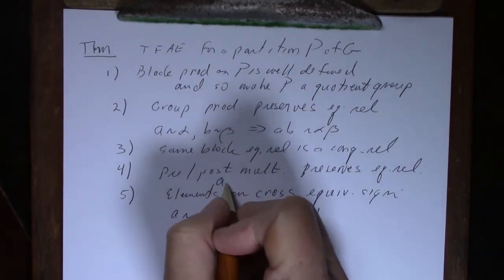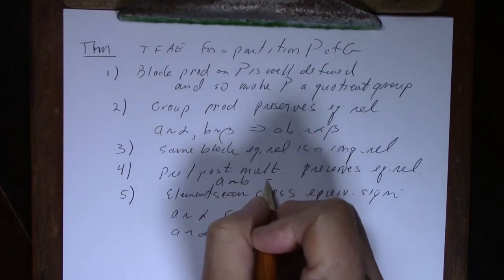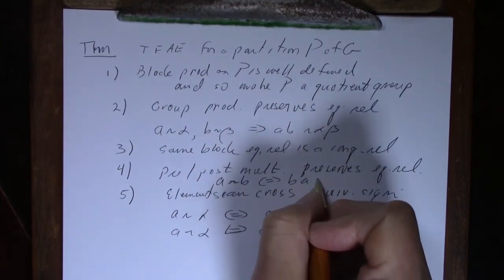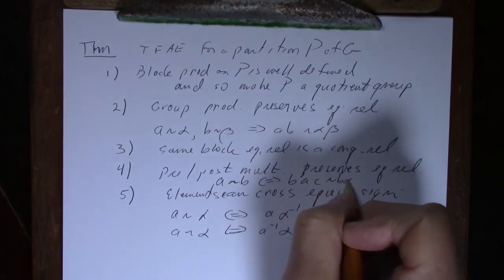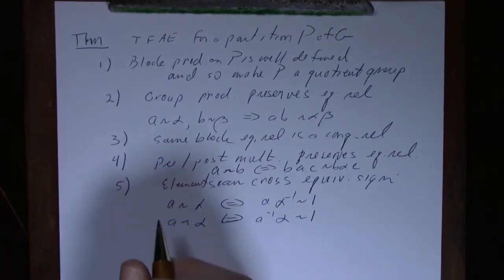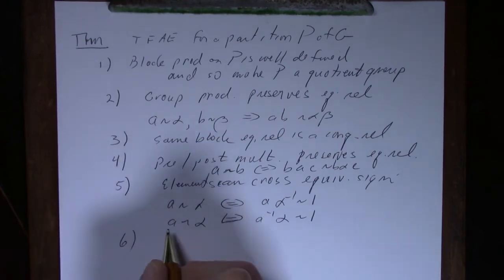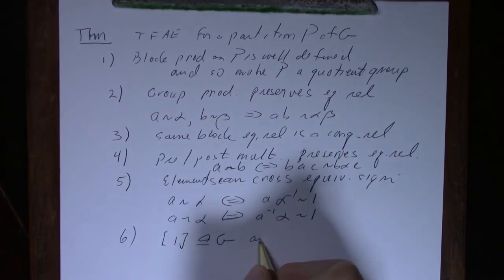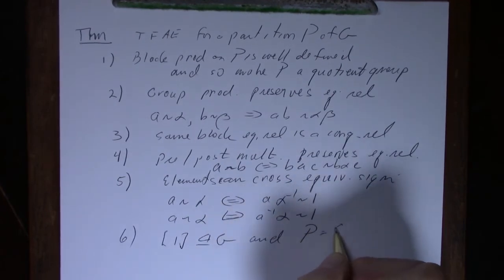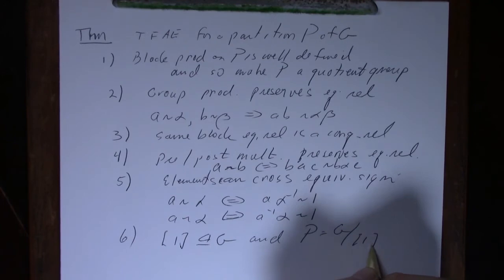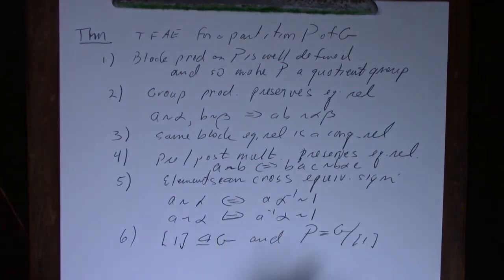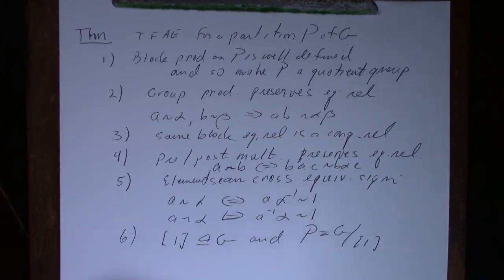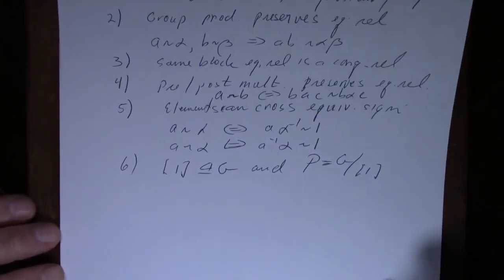This one is A equivalent to alpha if and only if BAC equivalent to B alpha C. And 6, the special block is normal in G, and P is the family of cosets of the special block. When we have these conditions, then we know that our partition is the family of cosets.